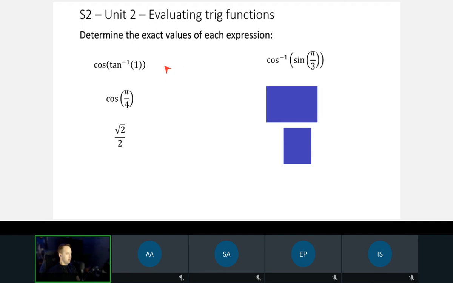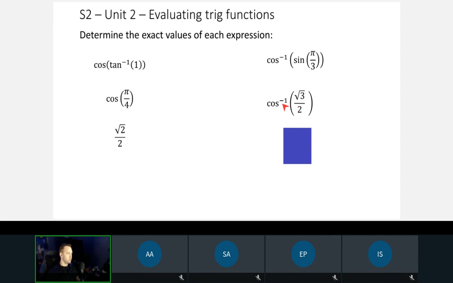But inside out, same thing with this one over here. You look at your unit circle, sine of pi over 3. It wants to know what's the y value at the angle pi over 3. So you look at your unit circle or you type it in, and you should get rad 3 over 2. All right. Next, this is the arc cosine of rad 3 over 2.